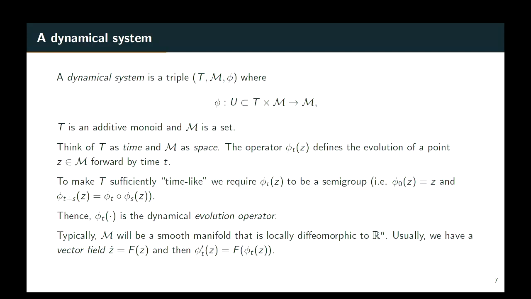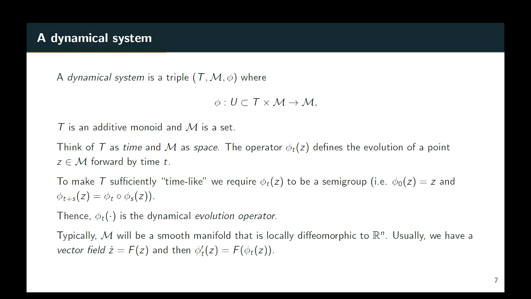So I'm interested in dynamical systems. So these are things that, essentially, skip down to this. You've got some function. It's a function of time and space, all right? And what that function does is, if I have an input z, phi t of z tells me where z goes after some time t.